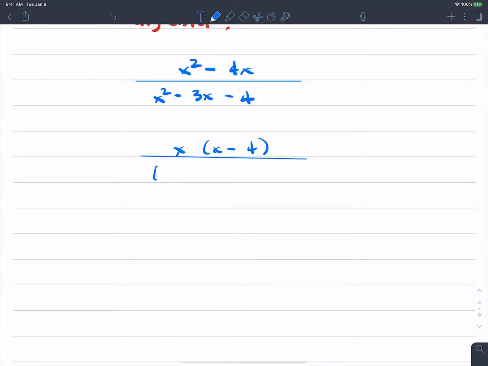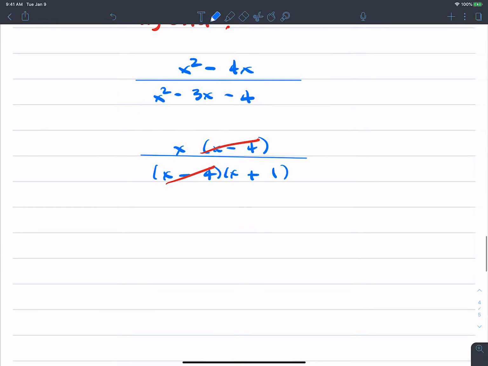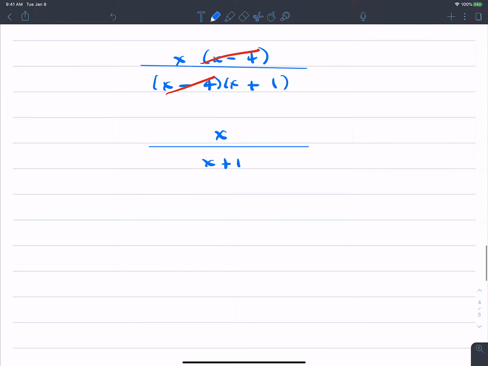times (x plus 1). The (x minus 4) goes away. So we have to remember some algebra, how to factor. Now, remember, this is the limit as x goes to 4 here.